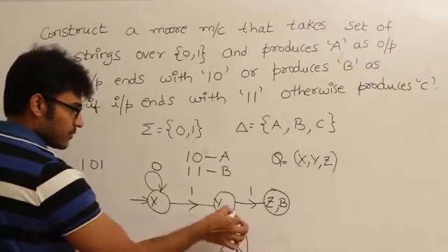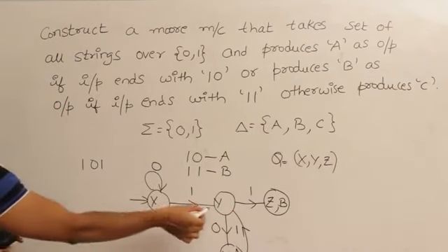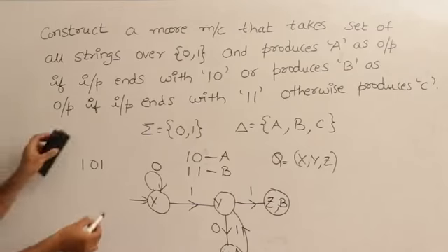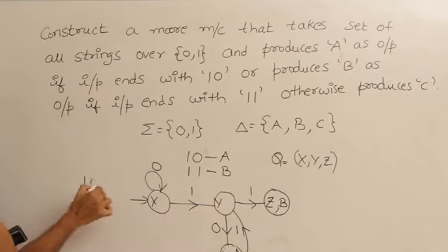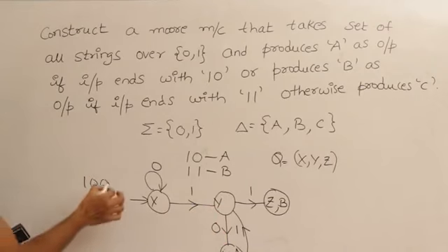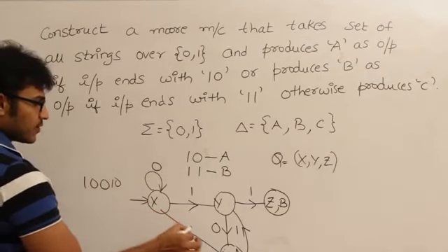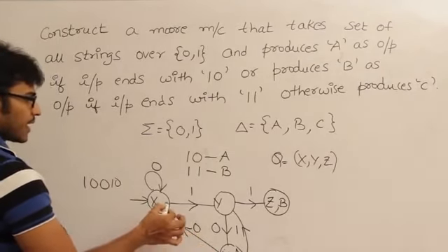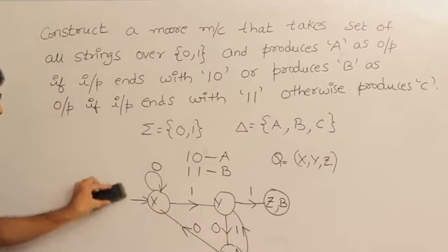Now if I am in state W, which means I have seen 1 0, if I see a 0, the entire sequence is spoiled, and again I have to wait for 1 0 or 1 1, which means if I see a 0, I'll come back and again wait for 1 0 or 1 1. So this one is complete.